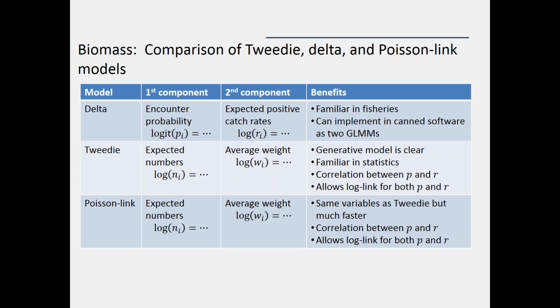It's nice having a model that automatically has that core expectation. But the Tweedie is really computationally expensive. People keep trying to figure out shortcuts to do it, and all of the shortcuts are expensive. And so I'm advocating for the Poisson-link delta model that has the same structure as the Tweedie, but is cheap to evaluate as a delta model.